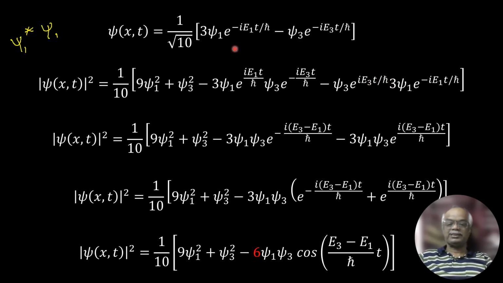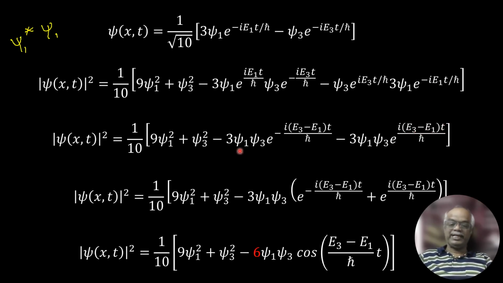Of course, this psi 1, 3 times psi 1 e power minus i E1 t over h cross. Now you leave the first two terms as they are. Then you can take the third term. This and this, you can rewrite. You take minus outside. Then this will become plus, E3 minus E1 times t divided by h cross. Same thing here, you can see this E3 is a positive quantity, so E3 minus E1 t over h cross.